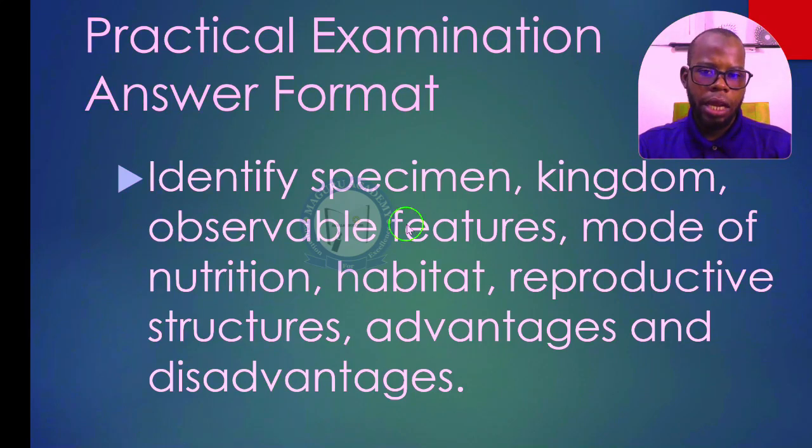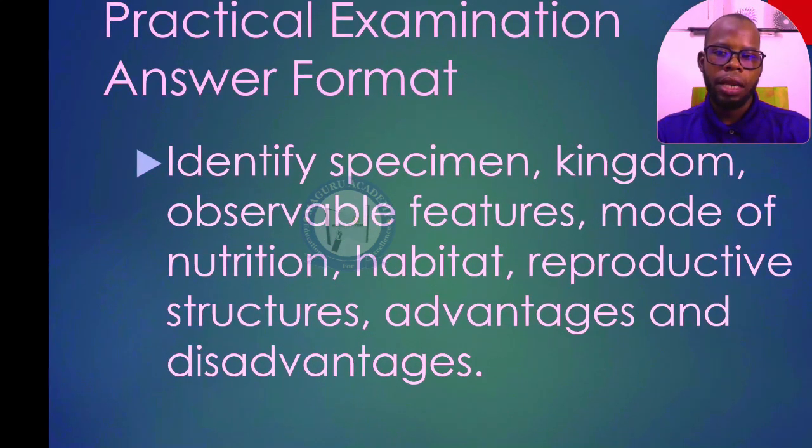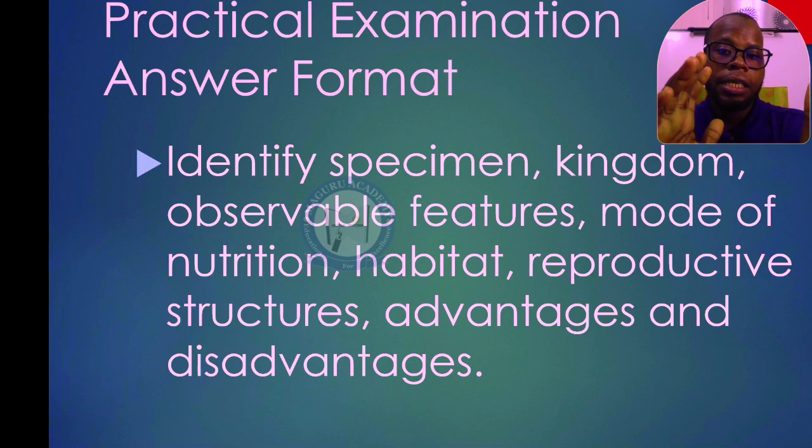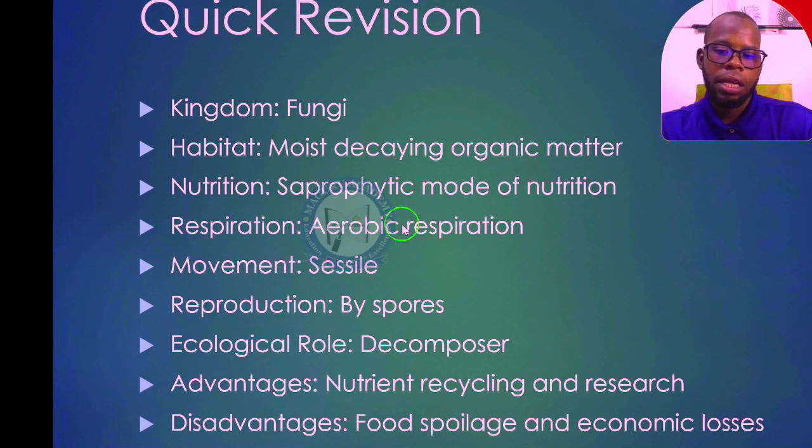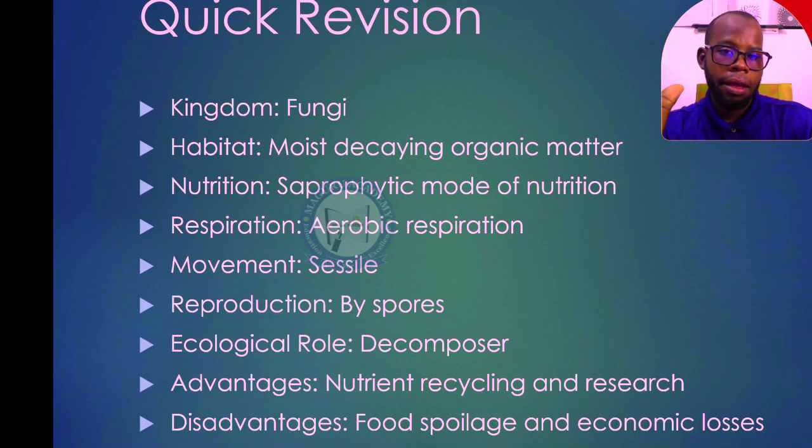When preparing for the examination, you have to base it on identification of the specimen, classification through kingdom and phylum with the reason why it is kingdom Fungi, observable features, mode of nutrition, habitats, reproductive structures, reproductive mode, advantages and disadvantages. And you can go beyond, to the respiratory surface or structure, so you can answer any question which involves bread mold.